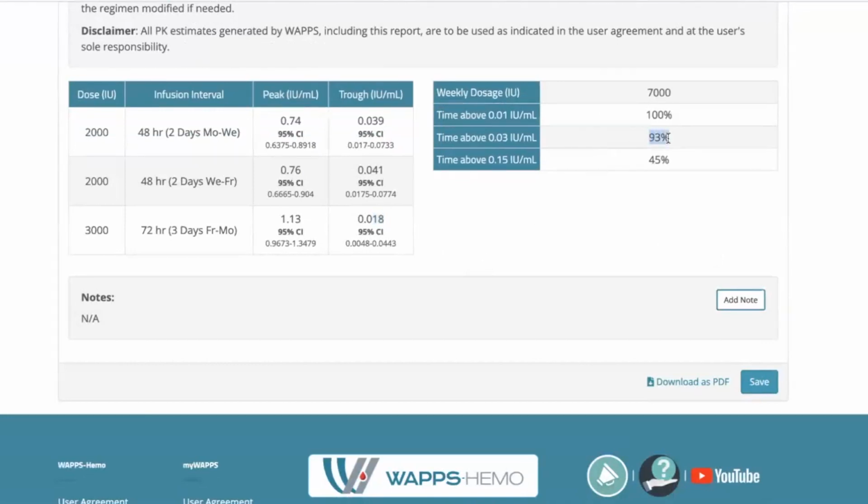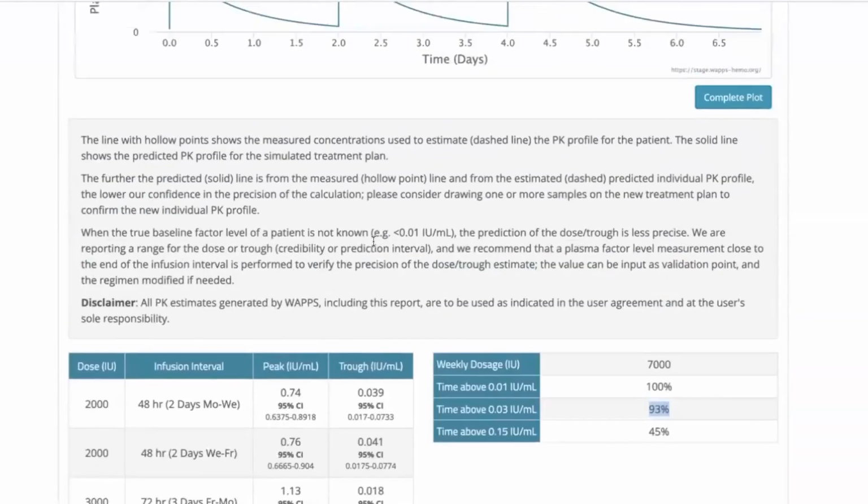The time above 3%, instead at 89, is now 93. Again, it may be enough, but it is a very, very minimal change. And if the patient is not bleeding on Monday, Tuesday, Wednesday, Thursday, maybe his protection is around 3%, 4%. So I didn't make a change that is significant.